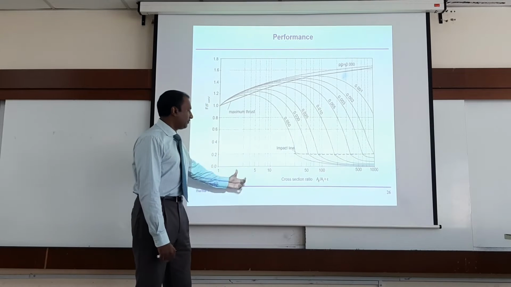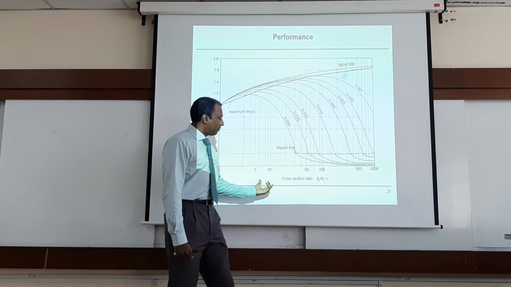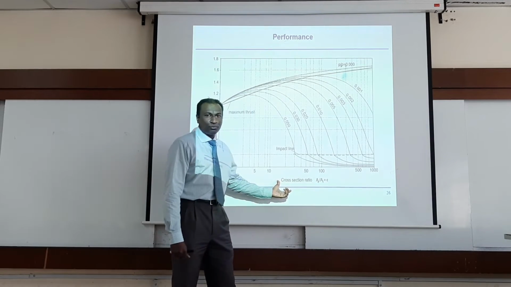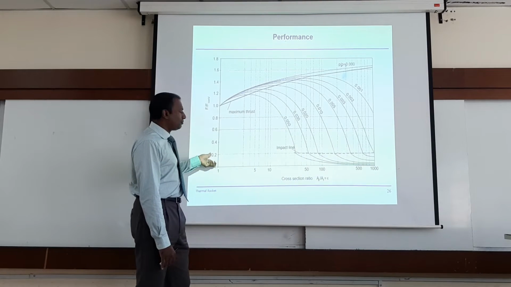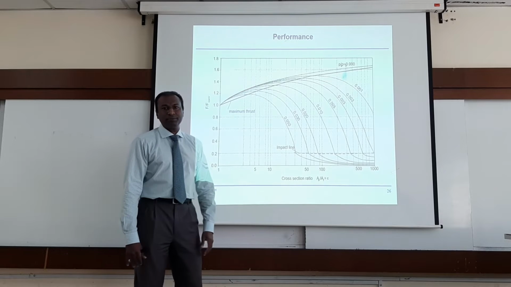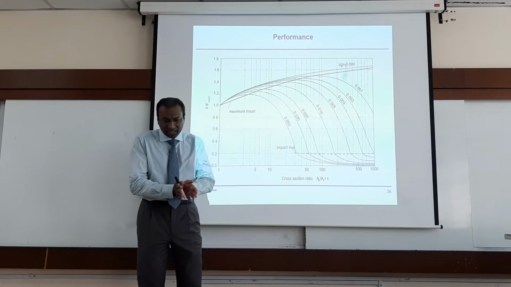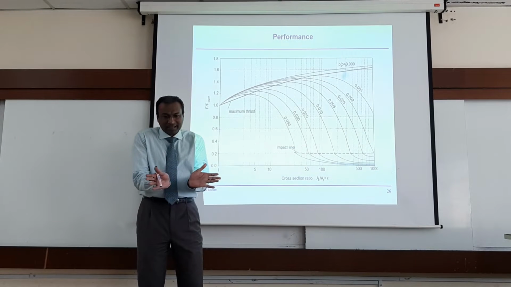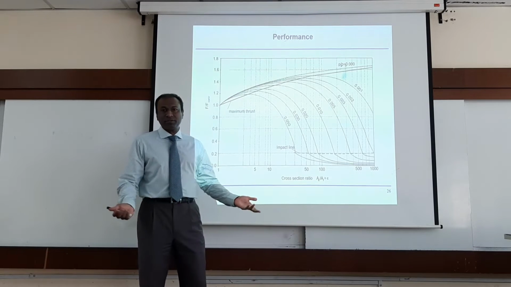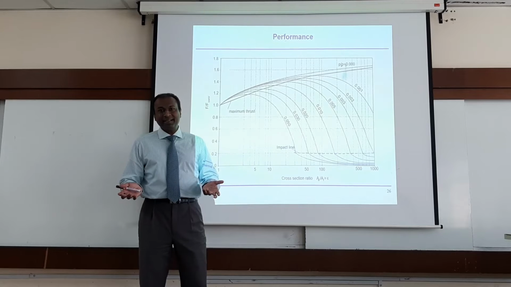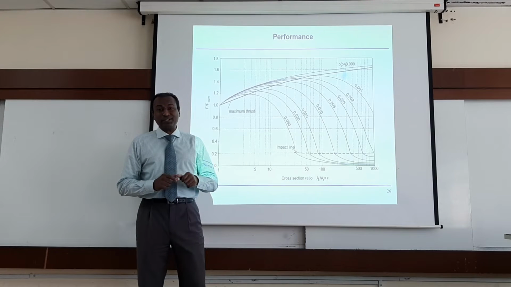What is more interesting, if you look at this, when you keep on increasing the cross-section ratio, it looks like your thrust is going to drop. It is true. Because as I just mentioned, if you keep on opening up, practically there is no expansion. When there is no expansion, it doesn't respect the rocket equation that we talked about.